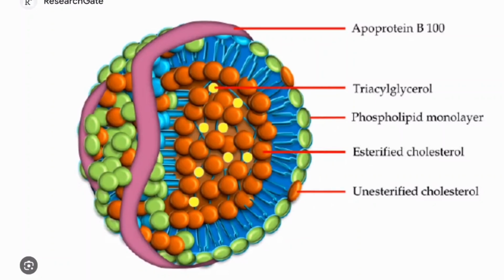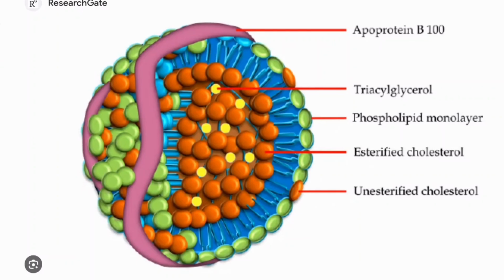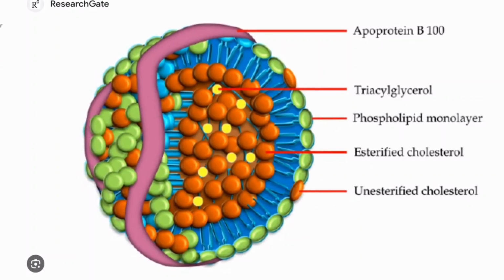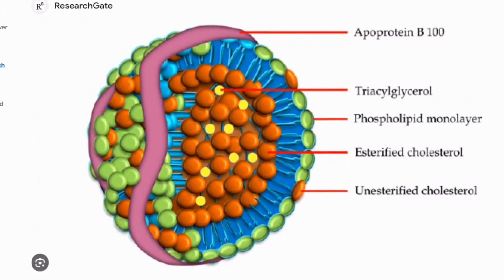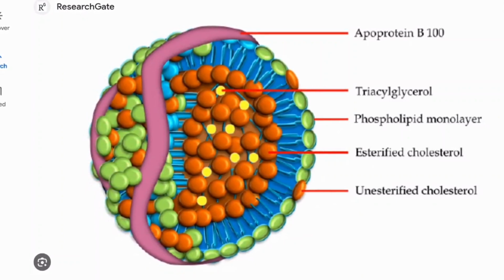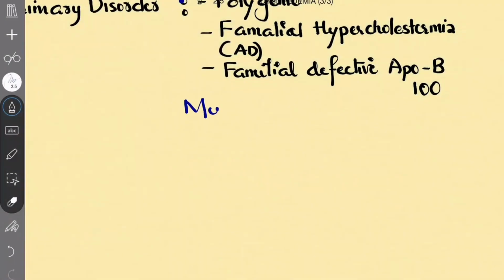Because familial defective apoprotein B100 is an autosomal dominant genetic disorder of lipid metabolism, associated with hyperlipidemia and elevated atherosclerosis risk. Familial defective ApoB100 is caused by a mutation in the ApoB protein, reducing the binding affinity between apolipoprotein B100 and the LDL receptor.